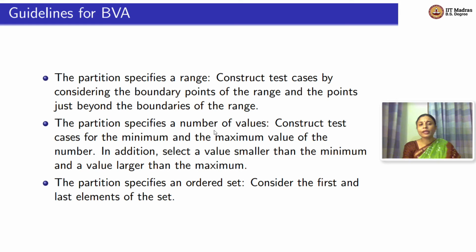If the partition specifies a number of values, like an enumerated type, you test it for minimum, maximum, and some value that is not in the set, and so on. Suppose the partition specifies an ordered set, then you test it for the first element, last element, and somewhere in the middle. That's also a useful guideline for BVA.